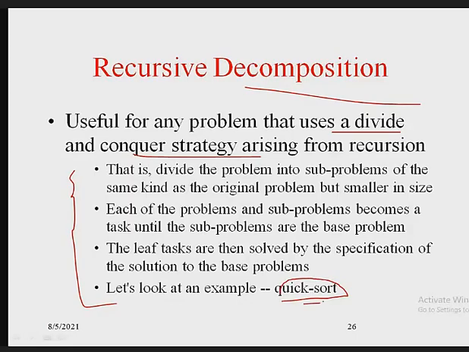I'm just going to read it. Divide the problem into sub-problems of the same kind as the original problem, but smaller in size. So whatever problem you are given, you need to divide into small parts, or we can say tasks. Each problem and sub-problem becomes a task until the sub-problems are the base problem.